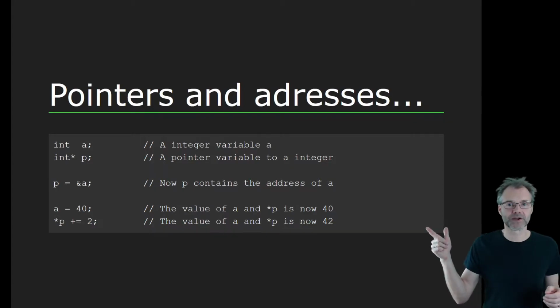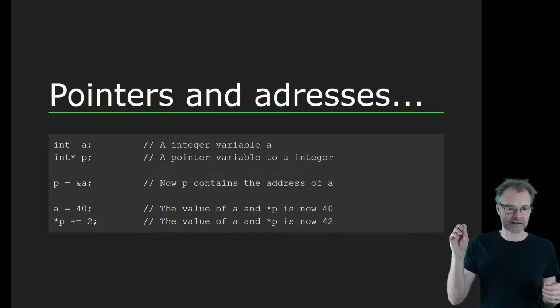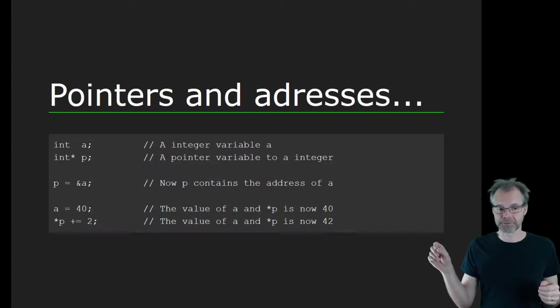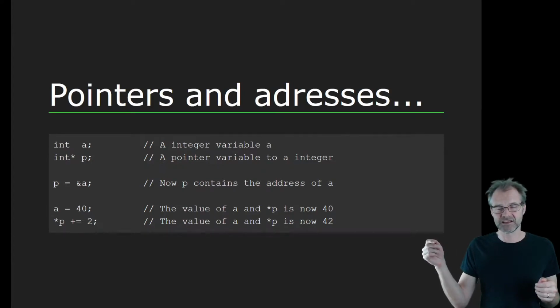And then I'm showing that this is true by assigning a value to A. I'm giving it 40. And at this stage, both A and *p are 40. Then I'm showing that I can also change the exact data in the memory by using the pointer. So I'm taking the pointer and incrementing what it points to by 2.